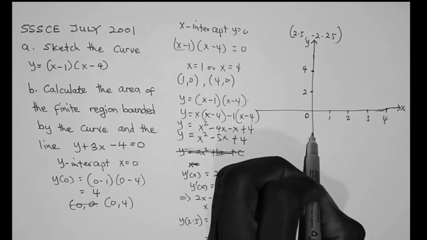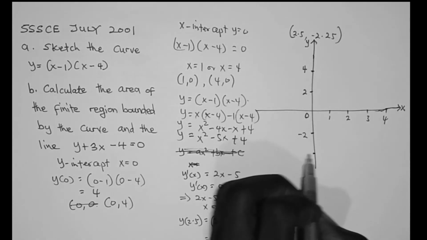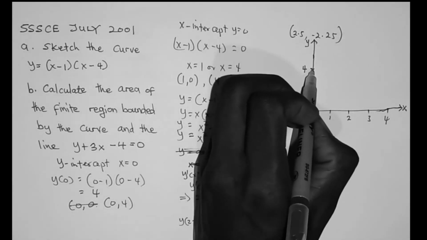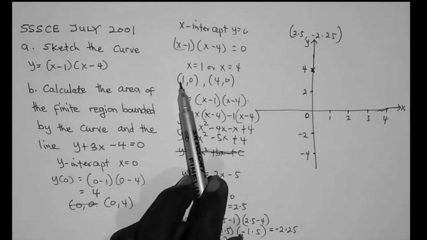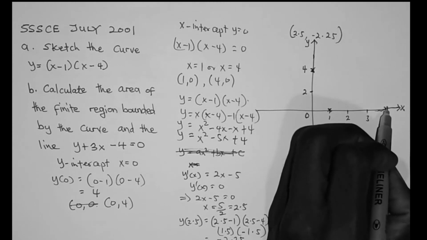And here is minus 2 and then minus 4. So let's plot the points. We have the point (0, 4), which is here. We also have the point (1, 0) here, and (4, 0) is this place.